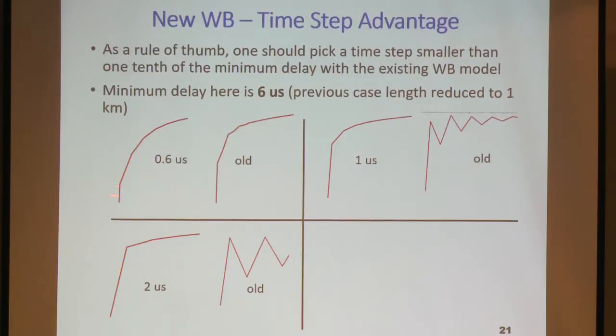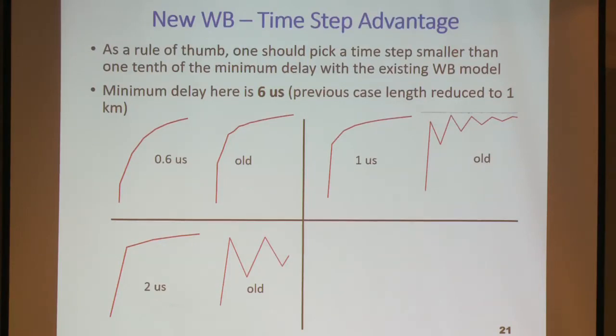Also another advantage is, for example, what you do when you model a line or a cable: you need to choose your time step based on time delays. So your time step should be less than the time delay, right?